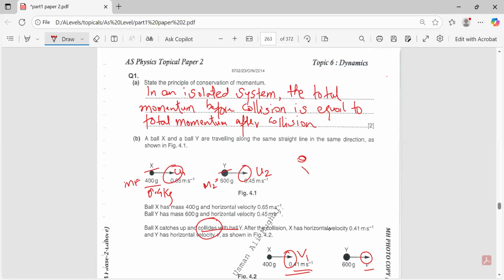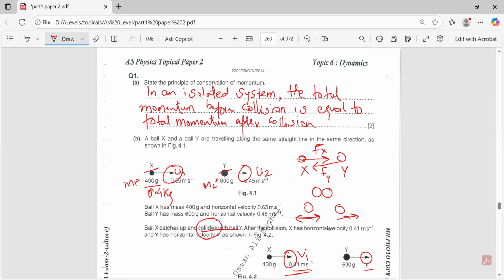Let's say this is my ball x and this is my ball y. During collision, when they collide, and after collision, they separate, might be like this. The force exerted by x will be equal and opposite to the force exerted by y on x.